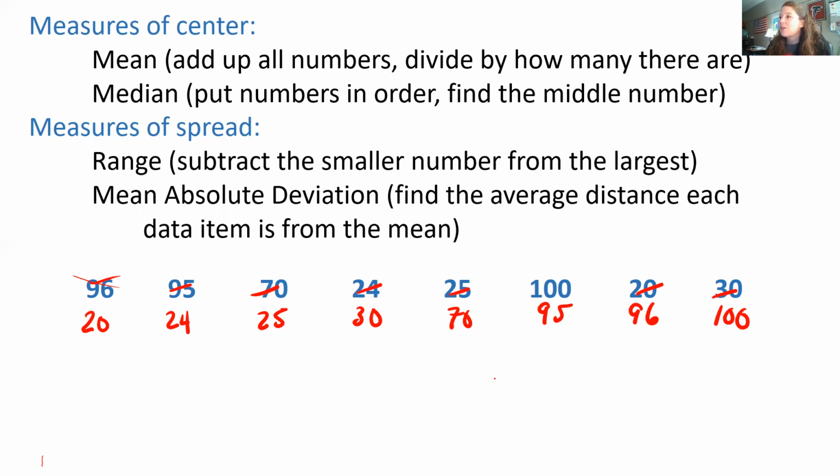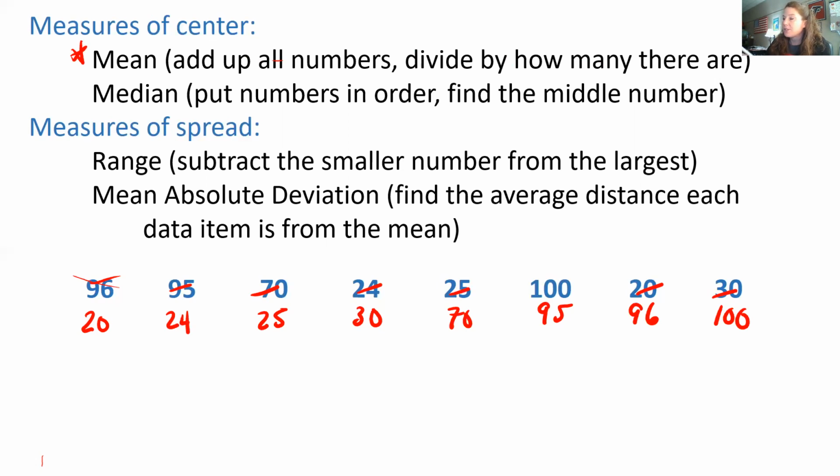All right, so now, since there's 8 numbers, I'm going to do the mean first. I'm going to add up all the numbers and divide by how many there are. So on my little calculator, I'm adding 20 plus 24 plus 25 plus 30 plus 70 plus 95, 96, and 100.